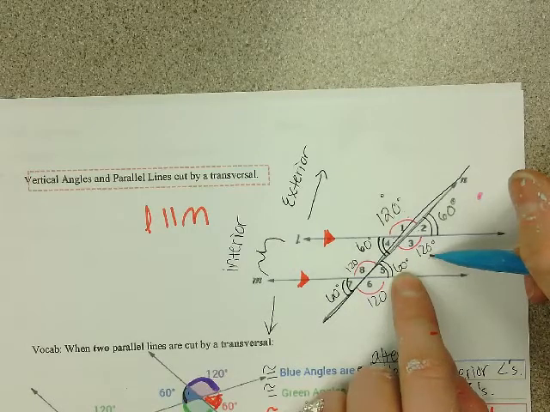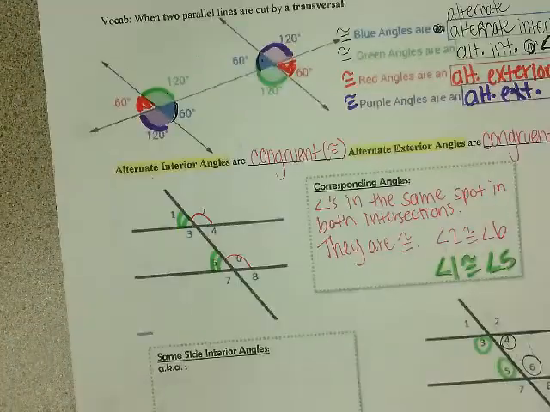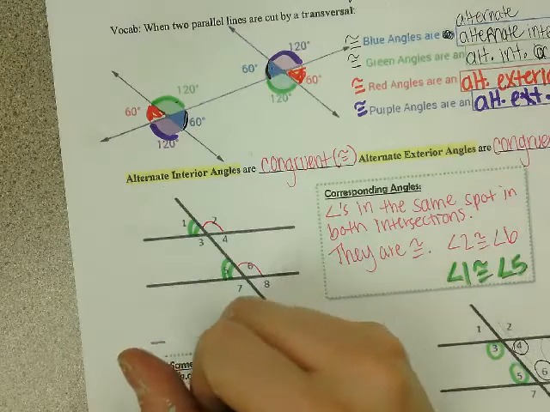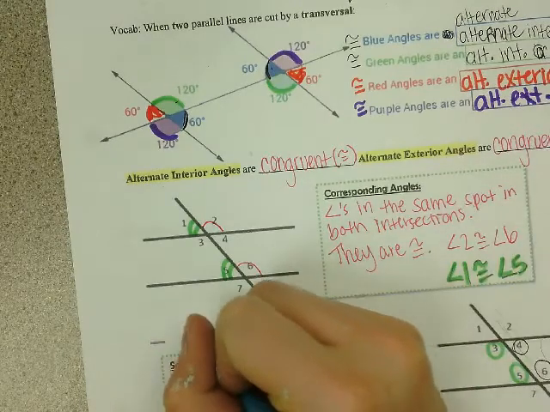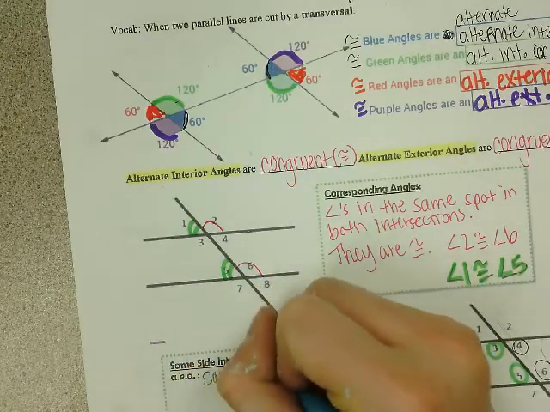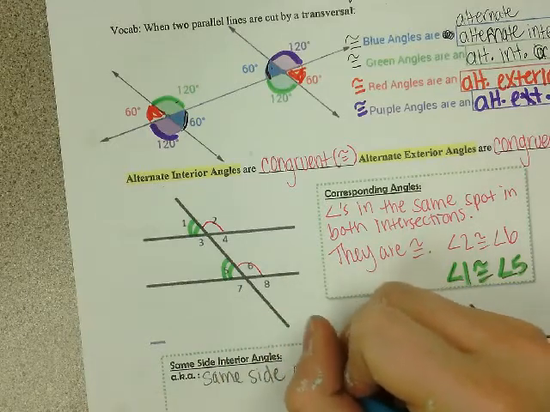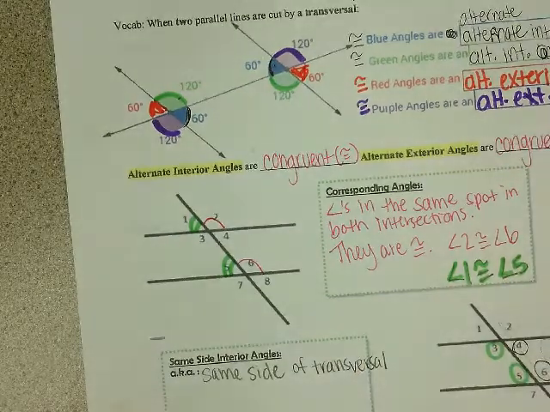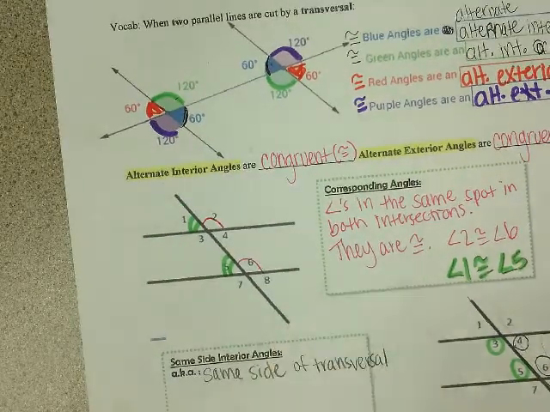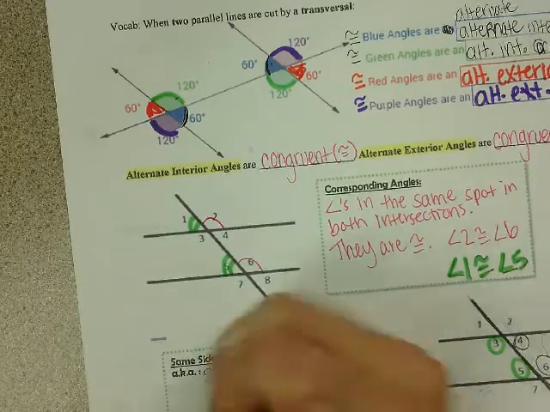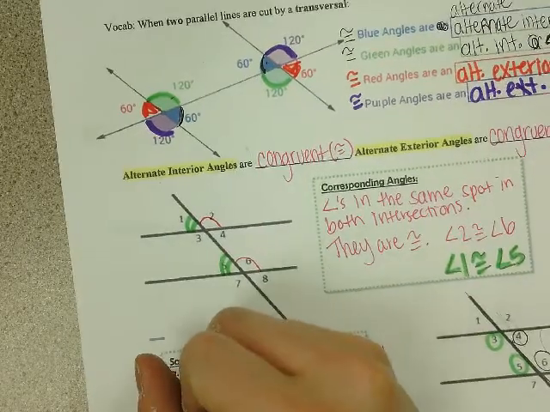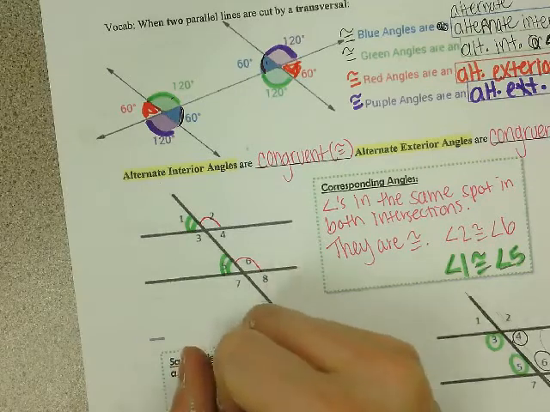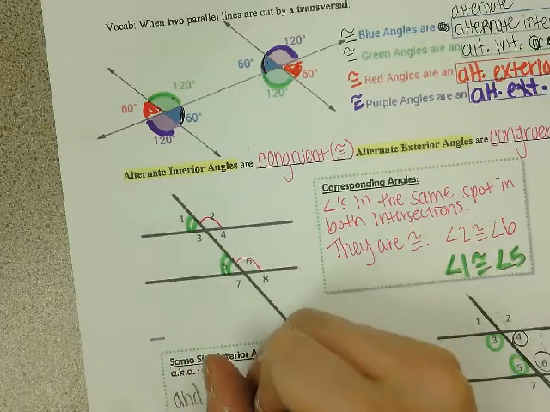Close. Supplementary, right. So, same side interior. So same side of the transversal. You're like, wait, what's the transversal? The transversal is that line that cuts through the parallel lines. All right? And on the inside of the parallel lines.